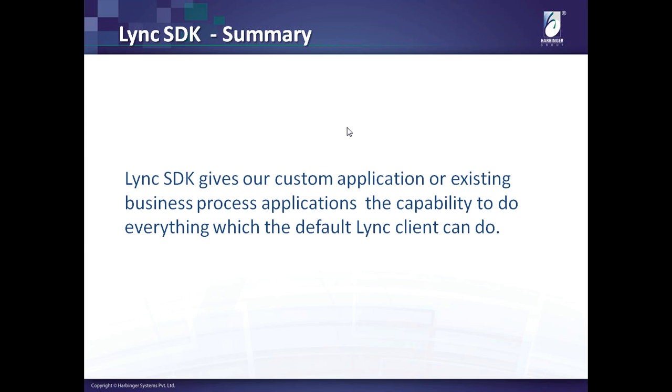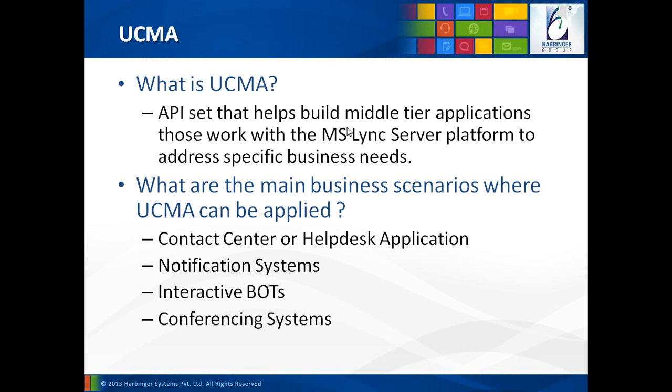And I think we can do much more because we are writing the code and we have the control. So I can do anything in my application. I can do more customizations than actually the Lync client does. Now, till this point of time, we have seen how we can do things on the client side. Now, there are some customizations possible on the server side also, and let's move towards that.